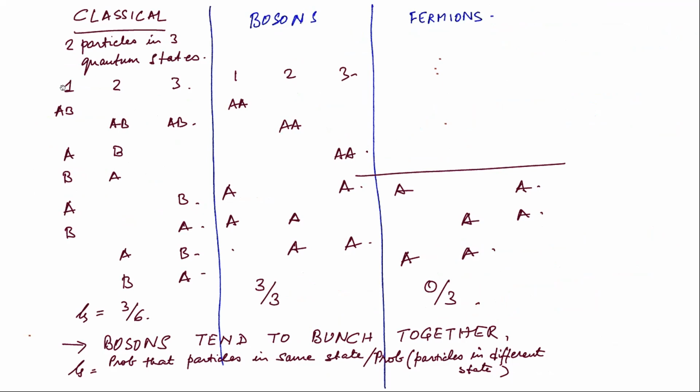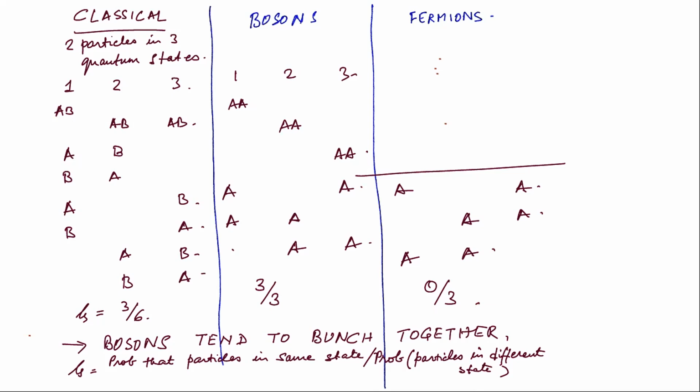Suppose there are two particles and three quantum states. These are quantum states 1, 2, and 3. They have, suppose, different energy levels, three different psi functions, right?